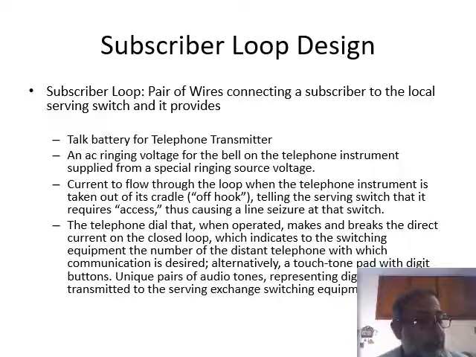You'll see these are 12 different numbers: 1, 2, 3, 4, 5, 6, 7, 8, 9, star, 0, and hash. So to dial one number, we have to engage two different frequencies from two different sets. One on the rows side, we call it small f1, f2, f3, f4, and on the column side, we would call it capital F1, capital F2, capital F3.